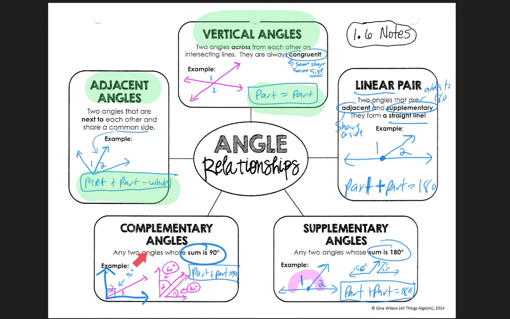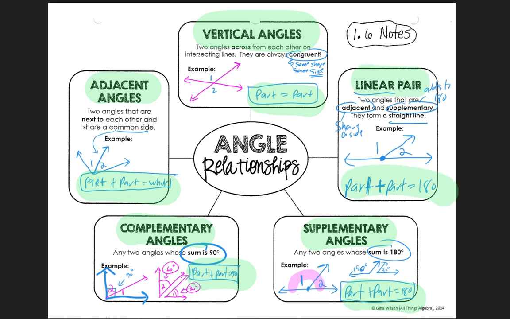On complementary, we're going to think that they add up to 90, so part plus part equals 90. Then supplementary, those add up to 180, so part plus part equals 180. And then linear pairs add up to 180, so part plus part equals 180 on that one as well.